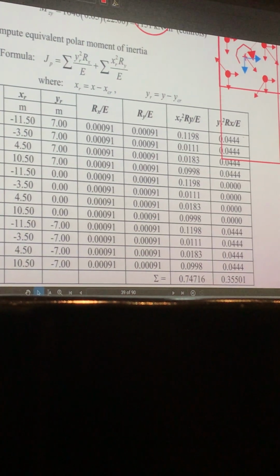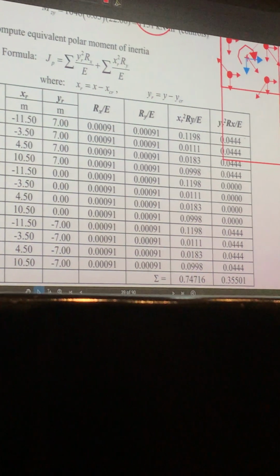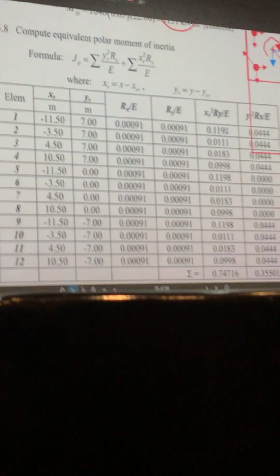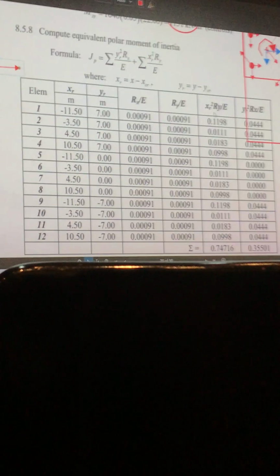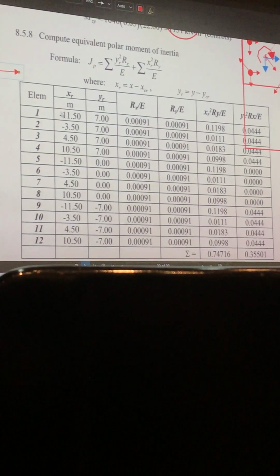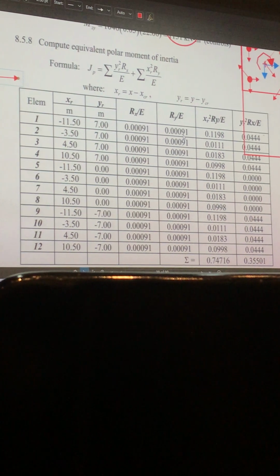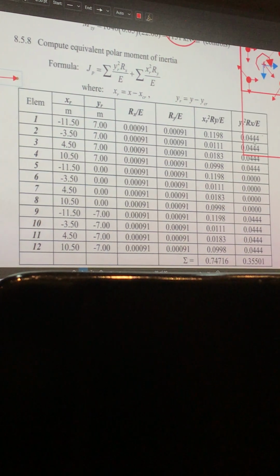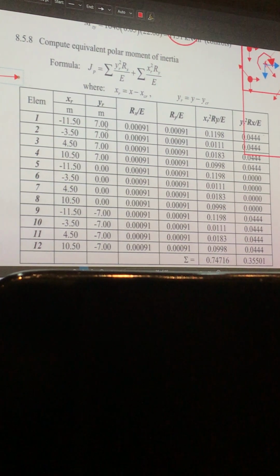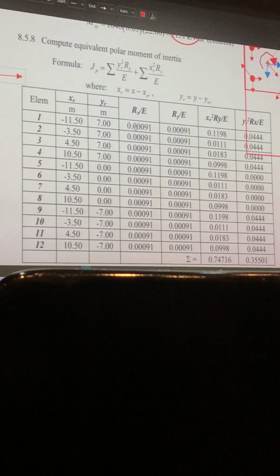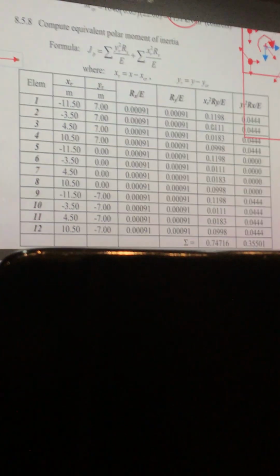So ato na yung gikopya gikan sa previous table, copy from previous table, then you can evaluate, no, the values in this column. So this is just the square of this number, then multiplied by Ry over E. Likewise, kini siyang 0.0444, i-square nimo ni, i-multiply nimo sa Rx over E. Okay?